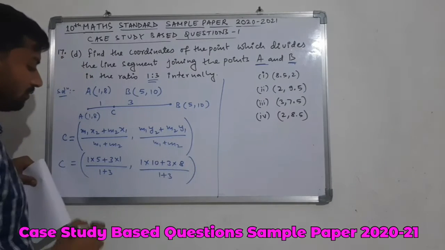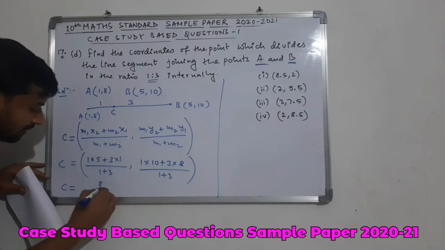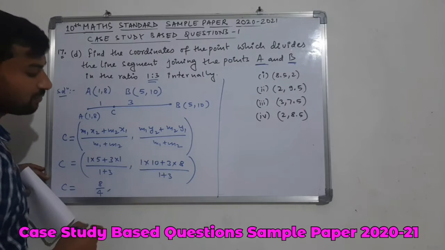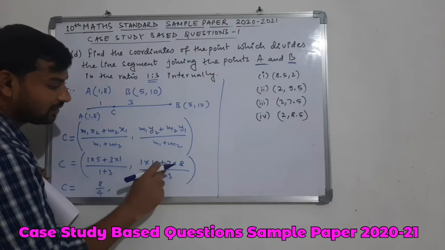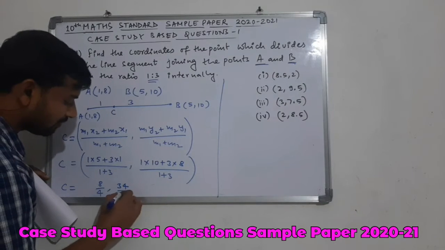So here the coordinate of point C is 5 plus 3, upon 4, comma, 10 plus 24 upon 4. This is what we are getting, 1 into 10 is 10 and 3 into 8 is 24. So the total is 34 divided by 4.